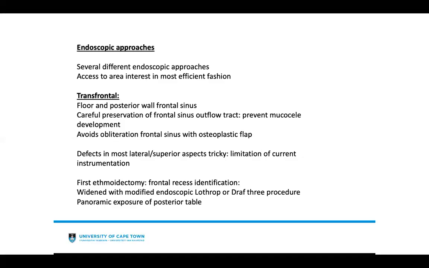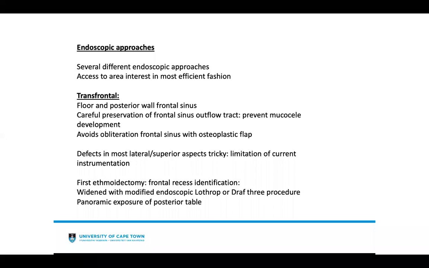Okay, so with regards to endoscopic approaches, there are many different endoscopic approaches that are available to us, and they allow us to access our little area of interest in the most efficient fashion. So there are quite a few approaches. We won't discuss all of them, but if you were using a transfrontal approach, you really would want to have careful preservation of the frontal sinus outflow tract.